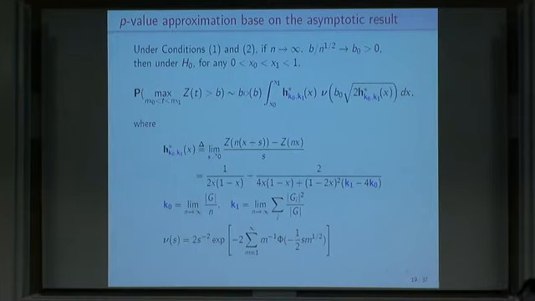So for the simplest case, a sequence of univariate Gaussian observations where we test whether there is a mean change using the likelihood ratio statistic, the p-value approximation is the same, but with an h function like this.